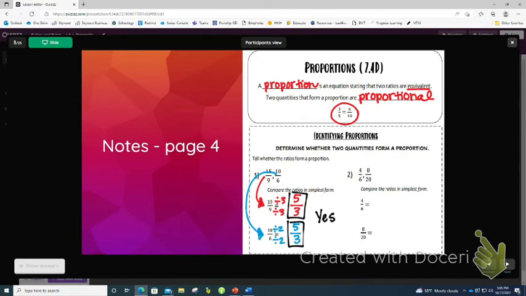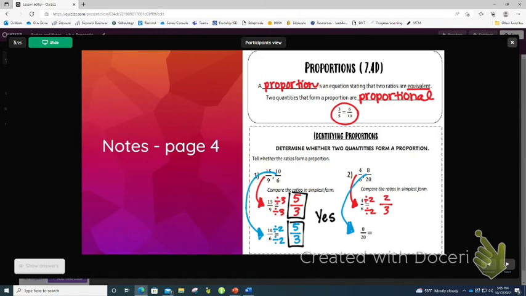We're going to do the same thing with the next example, 4/6 and 8/20 by simplifying. So starting with 4 over 6, we can divide both of those by 2, and that gives us 2/3. And then simplify 8/20.